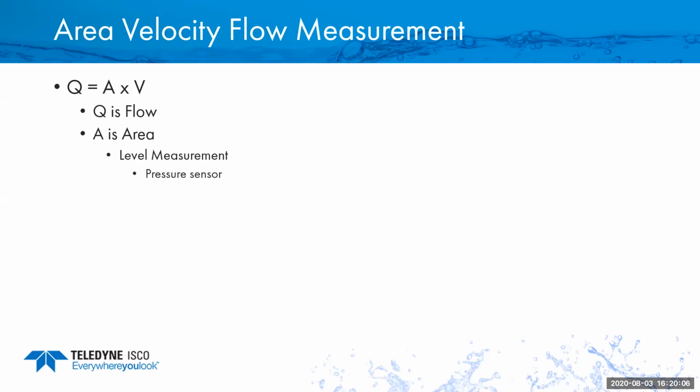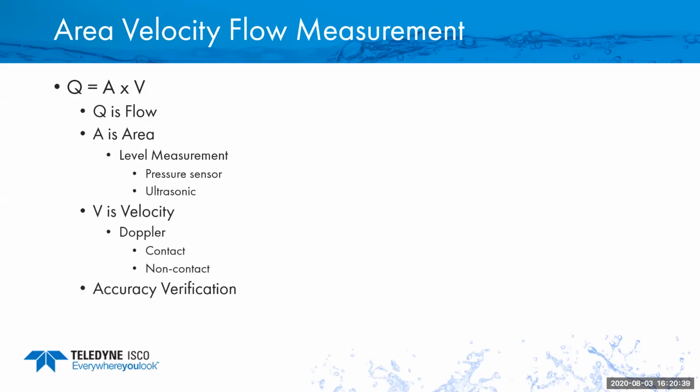Level measurement can be made via pressure sensor or an ultrasonic meter. And then velocity, which is V, is measured by the Doppler effect, which is the shift in frequency of the reflected energy from the sensor that is providing that measurement. It can be contact if you have a submerged pressure sensor, or non-contact in the example of the laser sensor.